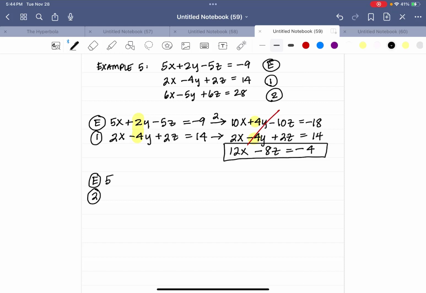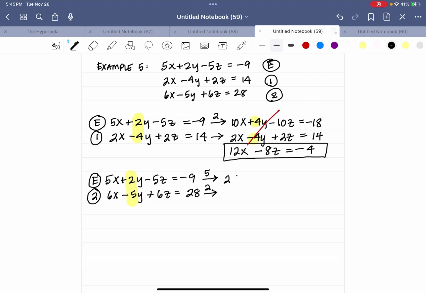So 5x plus 2y minus 5z is -9, and 6x minus 5y plus 6z is 28. Now remember, I have to get rid of the same variable, so I've got to get rid of the y's, so I'm going to have to multiply both of them. 2 and 5 both go into 10, so this one by 5 and this one by 2.